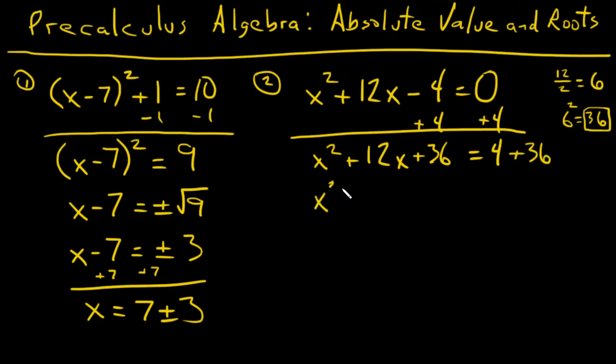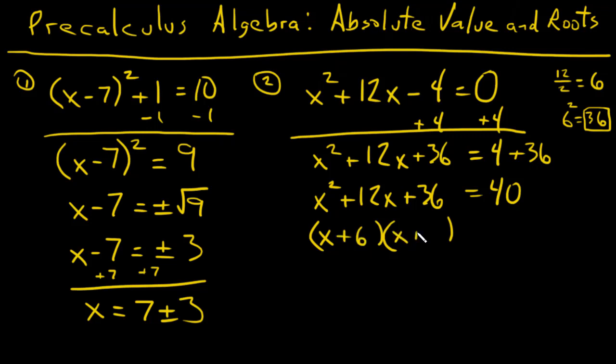So x squared plus 12x plus 36 equals 40. Now this is going to form a perfect square. The two factors are going to be the same. In this case, it's going to be x plus 6 times x plus 6 equals 40, which means I have x plus 6 quantity squared equals 40.